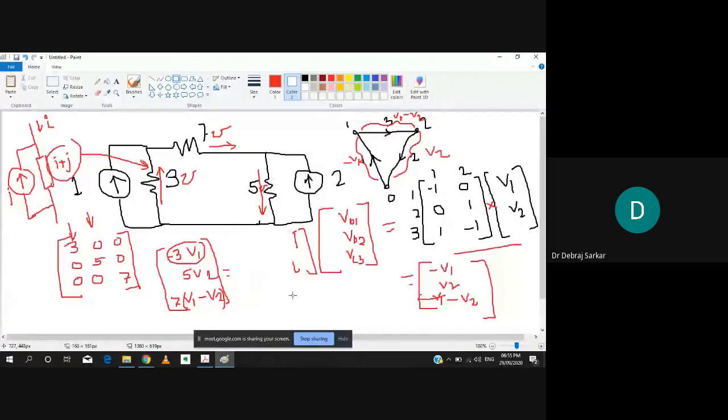Just wait a second, let me remove this. Now, what is this I? Let us say this I is I1, I2. Sorry, this was the second branch. Yes, I2, and this is I3.